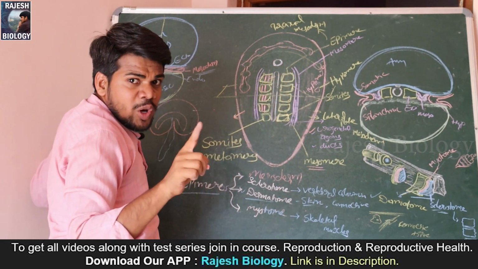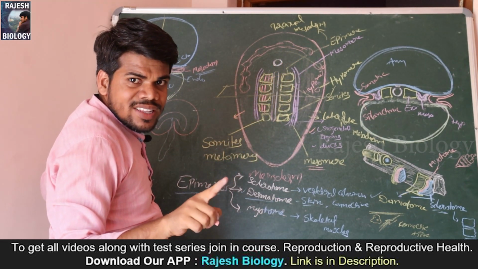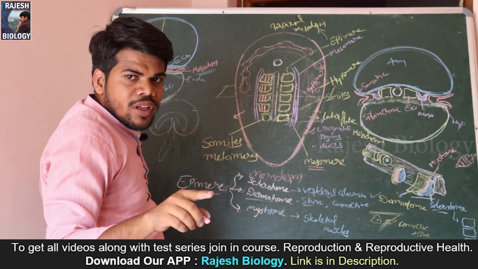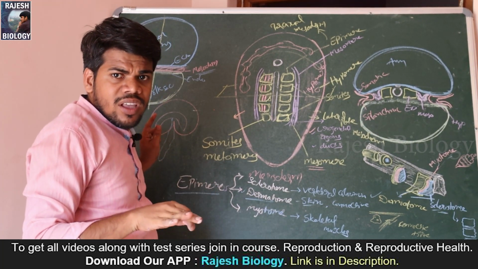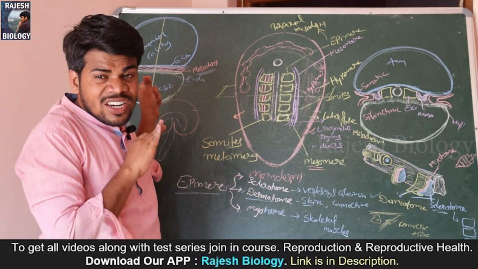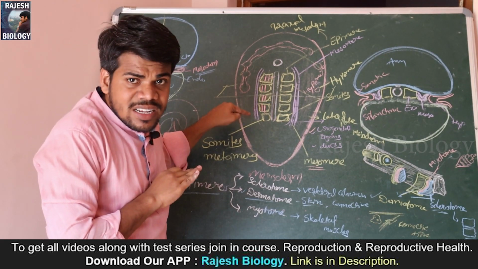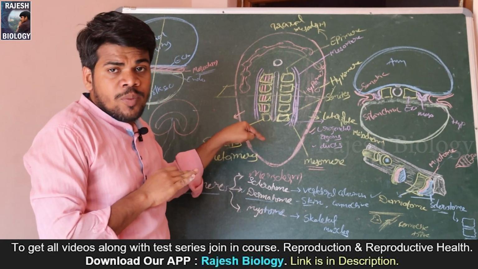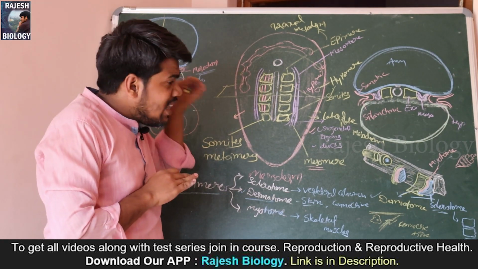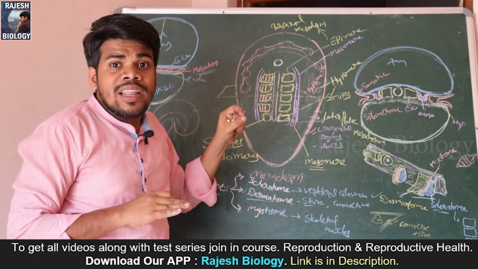There is an extra-embryonic coelom. The blastocoel is nothing but the extra-embryonic coelom; we will discuss that later. That extra-embryonic coelom connects with the intra-embryonic coelom until the umbilical cord is developed.